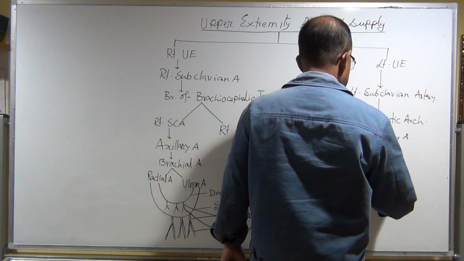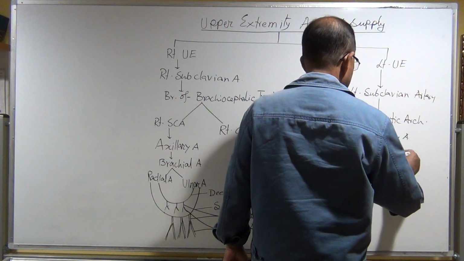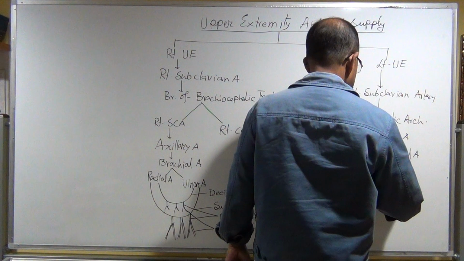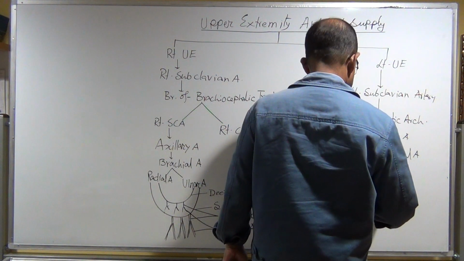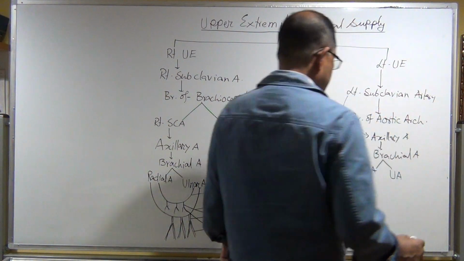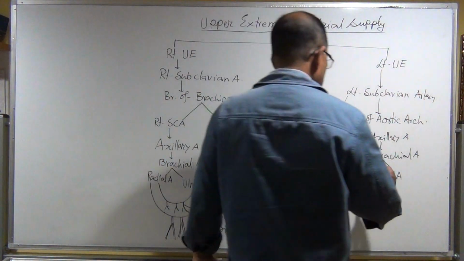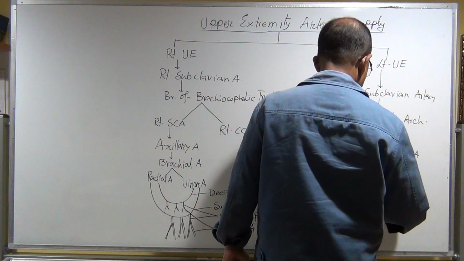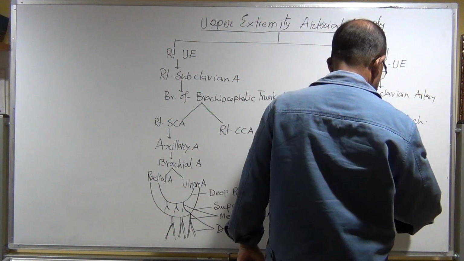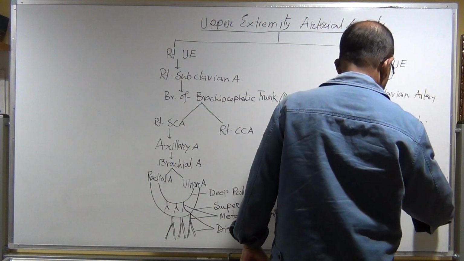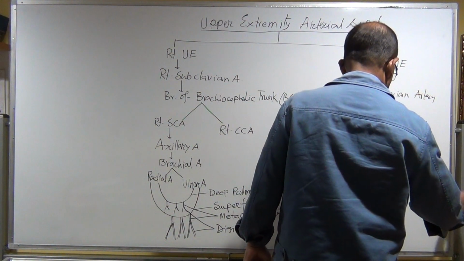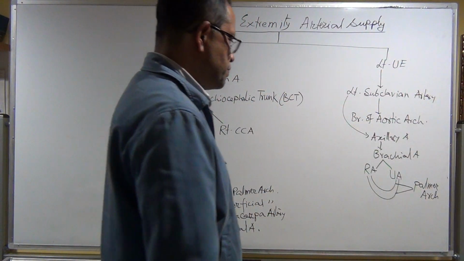So this left subclavian, then the axillary. From the axillary artery, there is the brachial artery. From the brachial artery, there are two arteries: one is the radial artery, another is the ulnar artery. And these two again form two arches in the palm, one superficial and one deep.